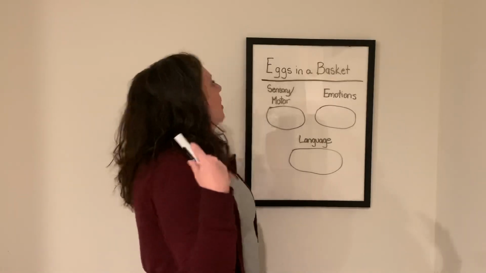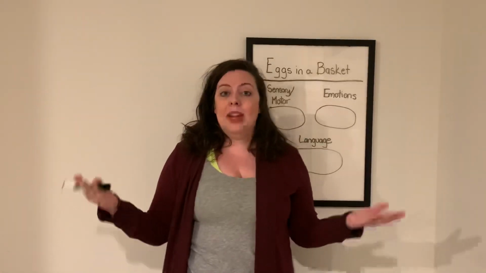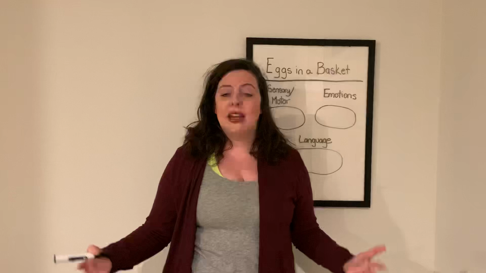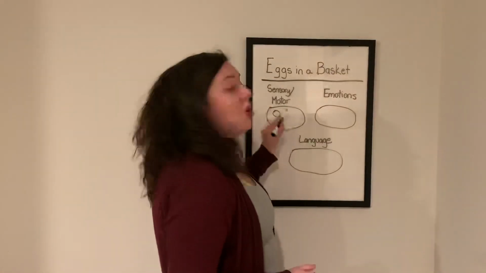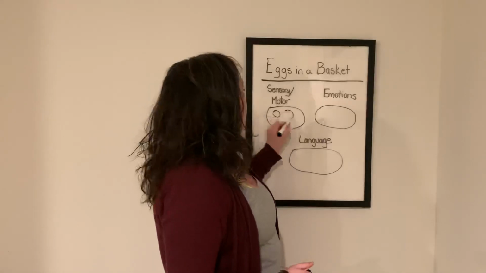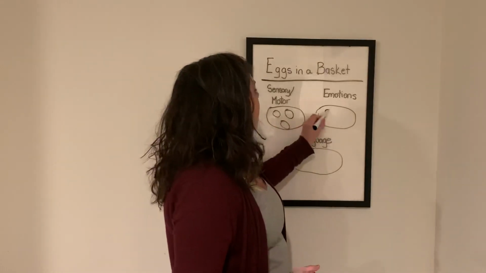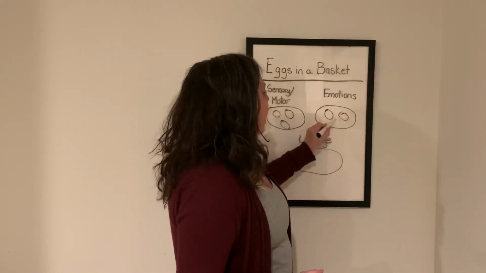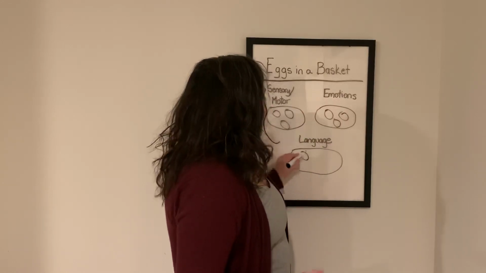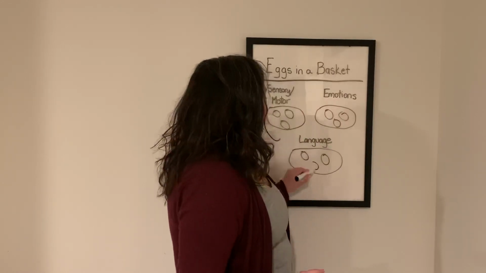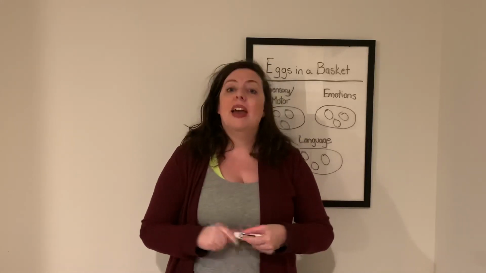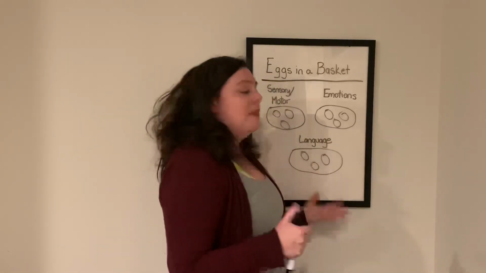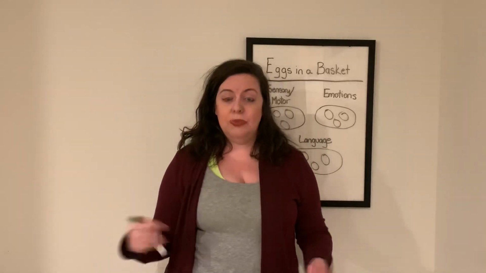So when we are calm and happy and normal and in stasis, we have eggs in every one of our baskets, okay? Right now, I'm feeling pretty normal and calm. My body feels good, nothing's overwhelming me, I feel pretty happy, and I'm able to communicate clearly to you, okay?